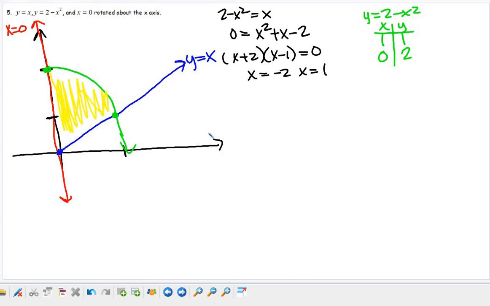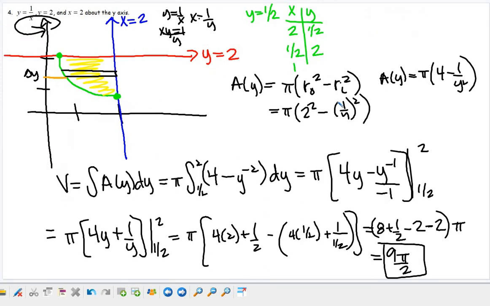Right? Which means I'm referring to this area here between all of them, and we're going to rotate around the x-axis. If I'm rotating around the x-axis, that means my radius runs this direction, which is delta x, so I'm integrating with respect to x. And I have this gap right here, which means that this is a washer.